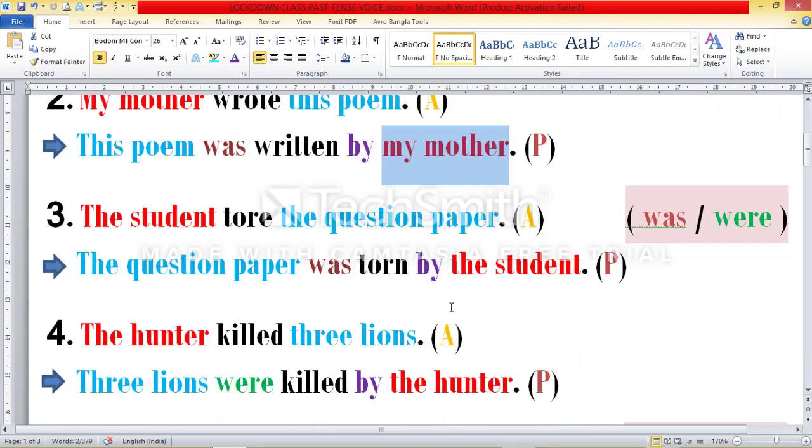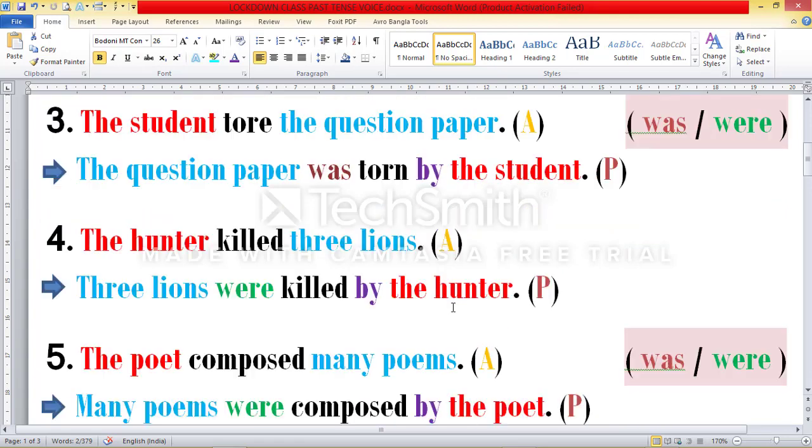Now let's go to the third sentence. The third sentence is the student tore the question paper, and in this sentence, as you know, the student, this is the subject, and the question paper, this is the object. First of all, what you have to do is to make the object subject.